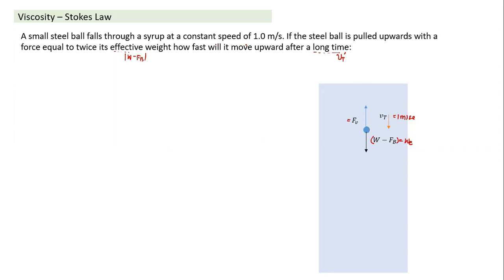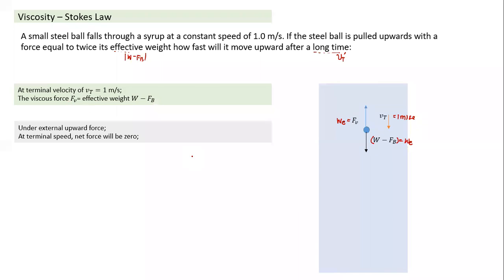It's given here that it is moving at constant speed. Net force is zero. It means viscous force is also equal to effective weight, at a velocity of 1 meter per second. At terminal velocity, FV or viscous force is equal to effective weight.